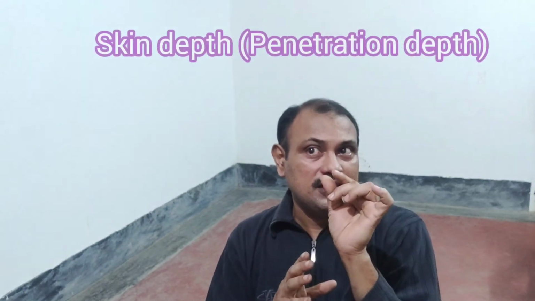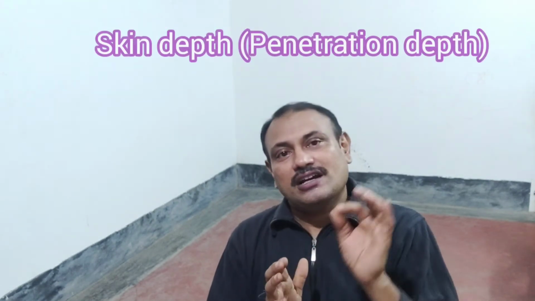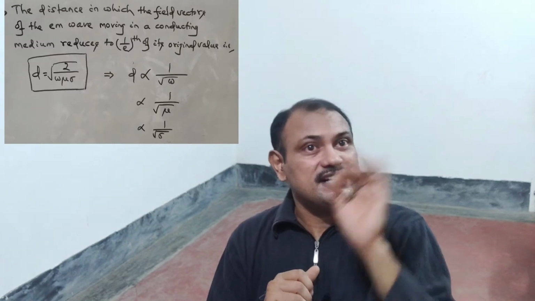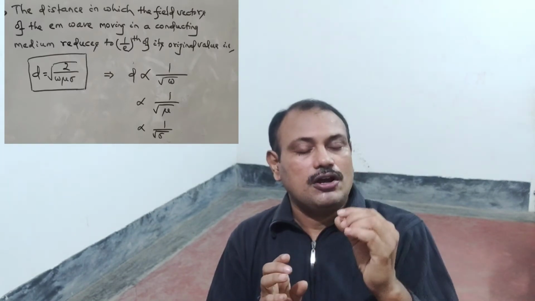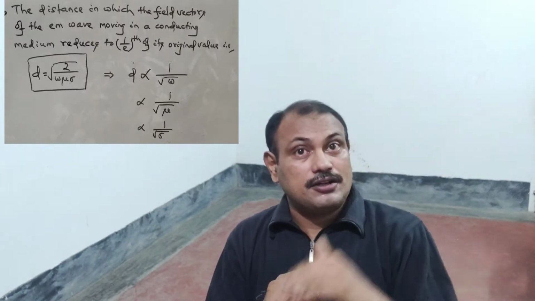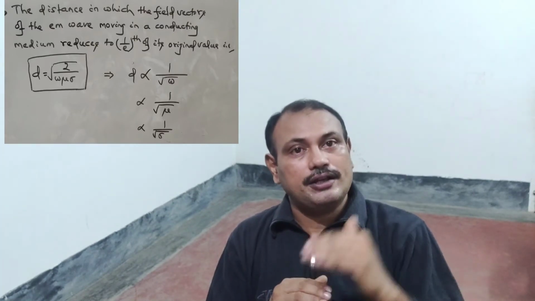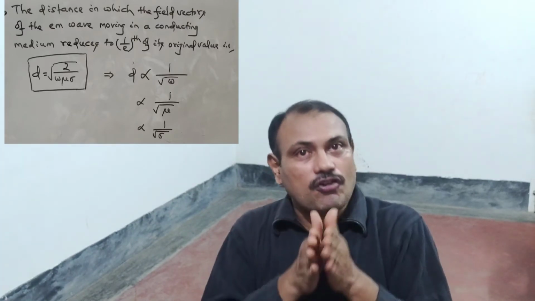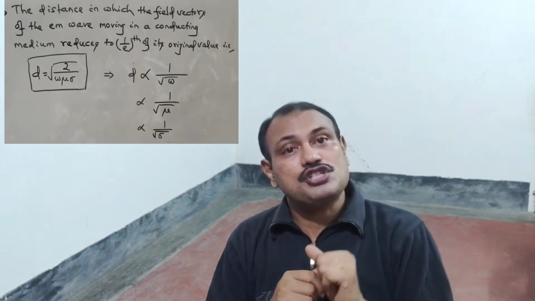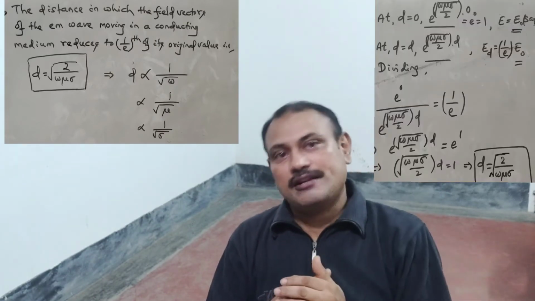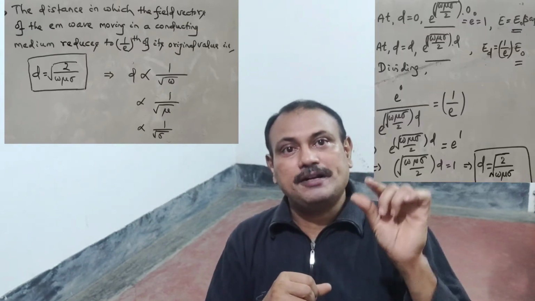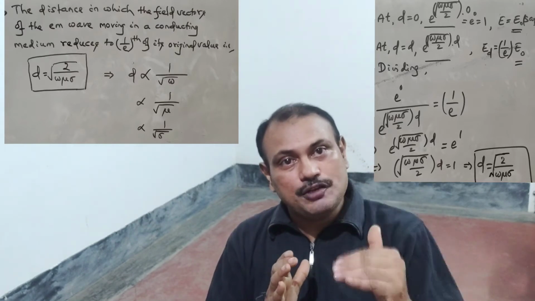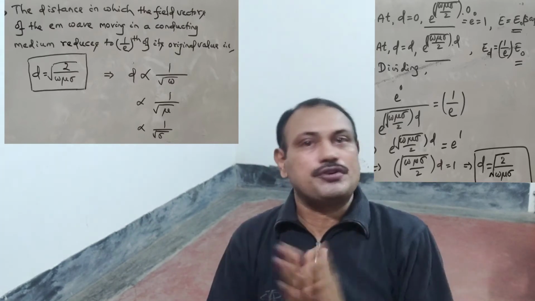And coming to the skin depth, what is skin depth? We can define the skin depth as the distance in which the field vectors, electric field and magnetic field, of the electromagnetic wave advancing in a conducting medium reduce to 1/e of their original value. Whatever original electric field and magnetic field it possesses, it reduces to 1/e of its original value.